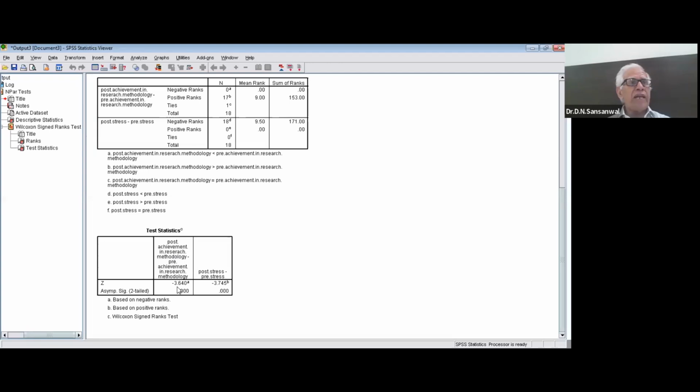This is the Z value. And this is the post-score minus pre-score. This is the Z value. And both these Z values are significant, 0.00. That means both your values are significant. Is it clear?